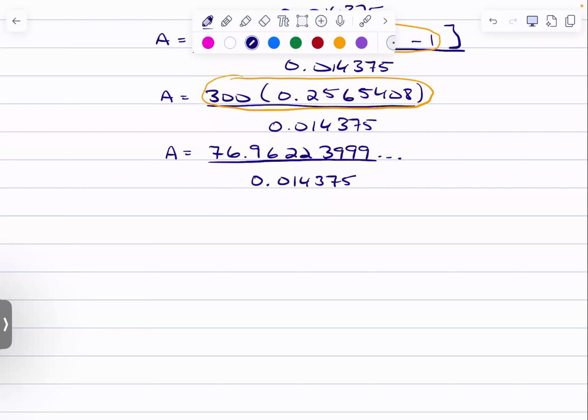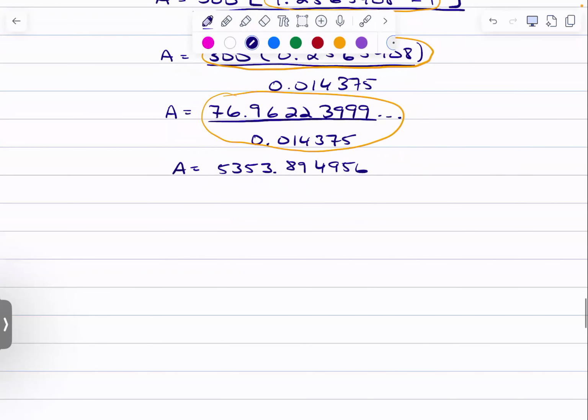Finally, do this division. I get 5353.894956. It keeps going, but I only need 2 decimal places. 5353.89.